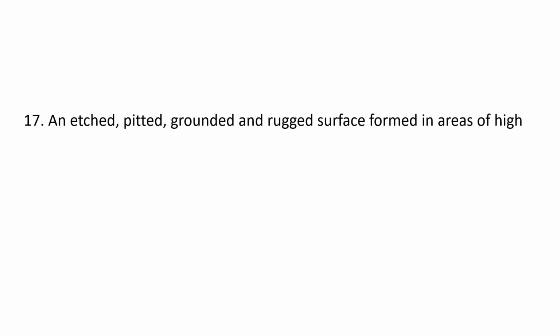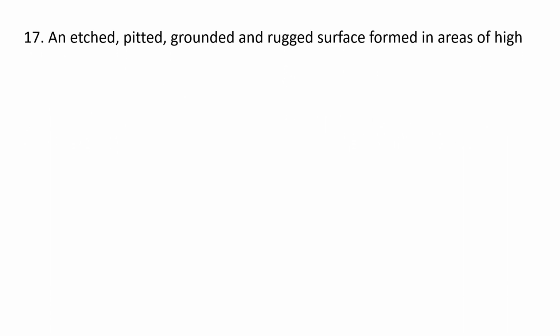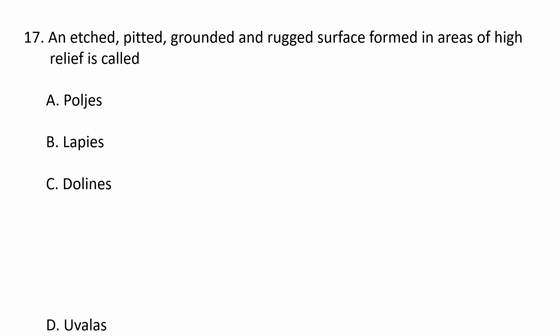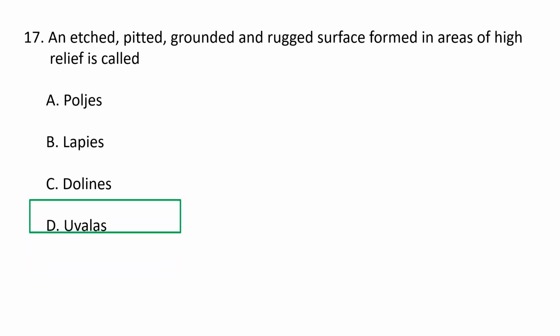Next question. An etched, pitted, rounded, and rugged surface formed in areas of high relief is called A. Polje, B. Lapis, C. Dolines, and D. Uvalas. So the correct option is B, lapis.